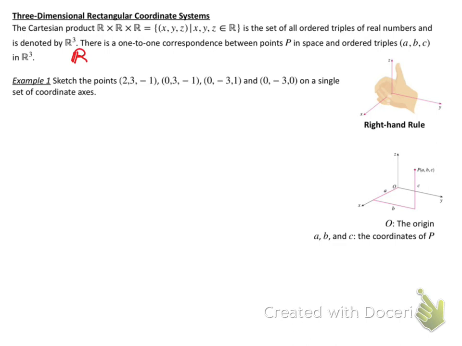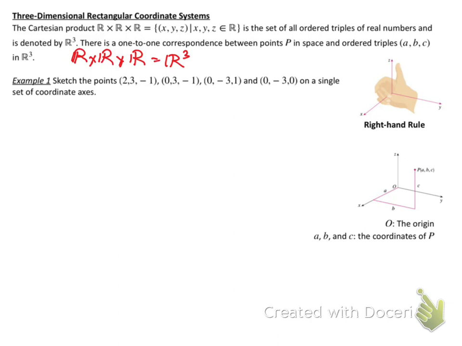Since you have a real line for x, a real line for y, and a real line for z, that's why you have three R's. When you put them together, we write it as R3, like R times R times R equals R to the third power.